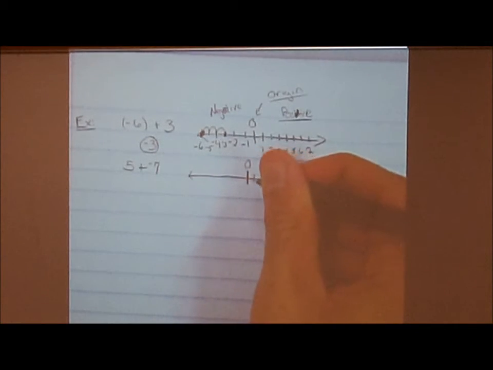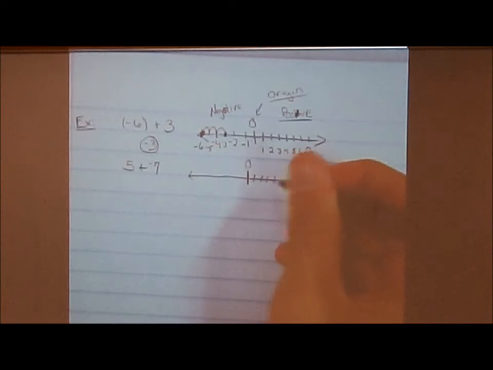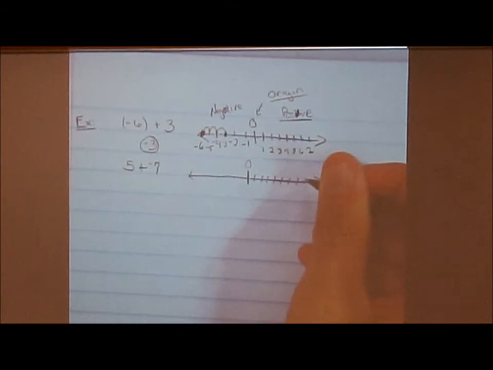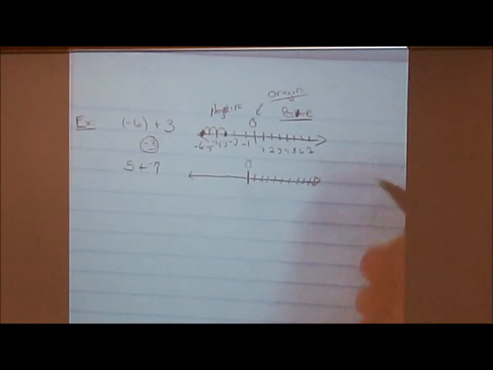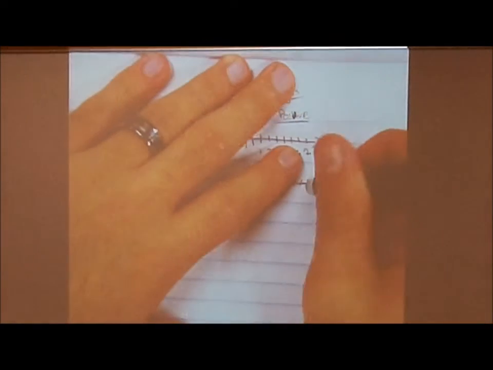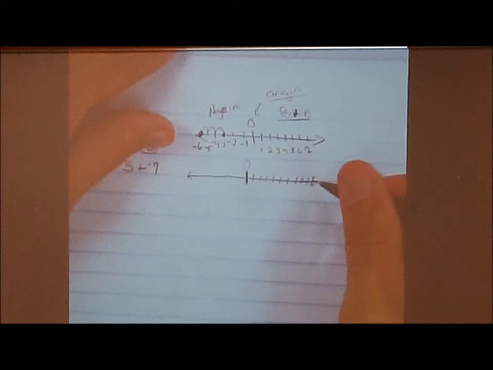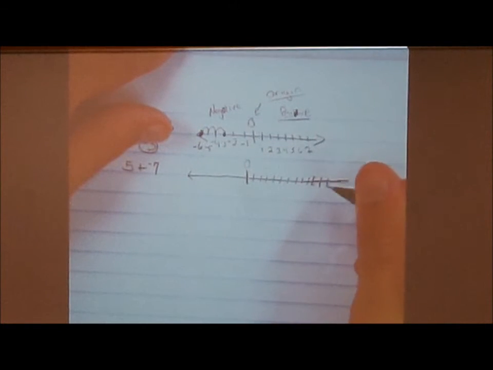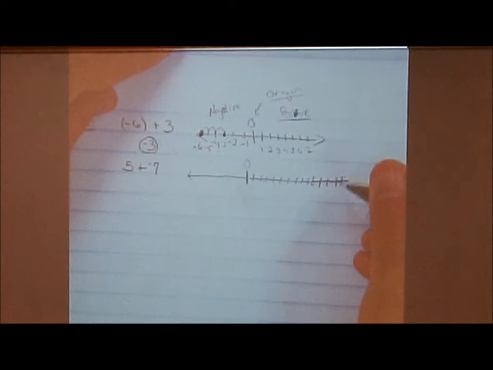So now I put my numbers. Does it really matter how many numbers? Do I keep going or do I stop? It goes on forever, going and going. No, the arrow means it goes forever. Why didn't you tell me this earlier?